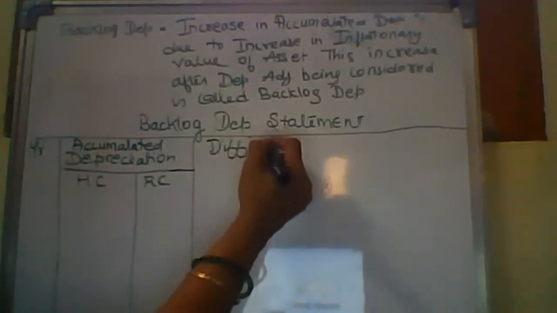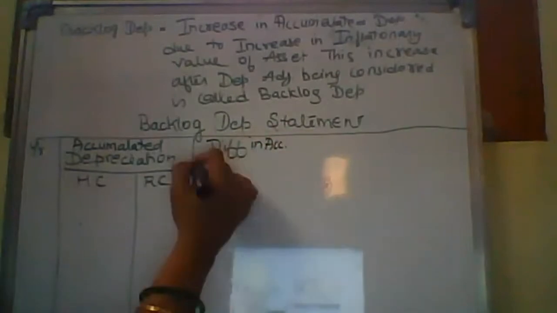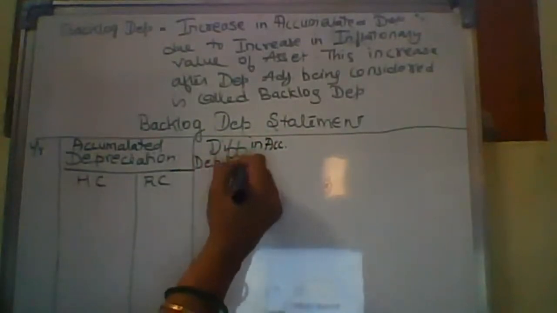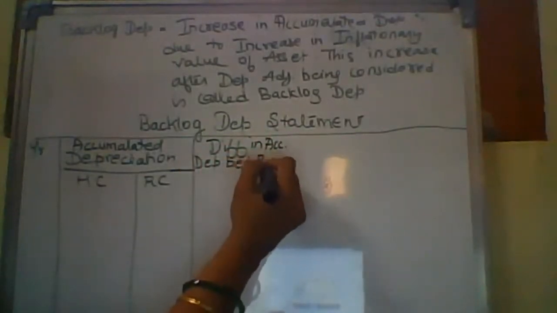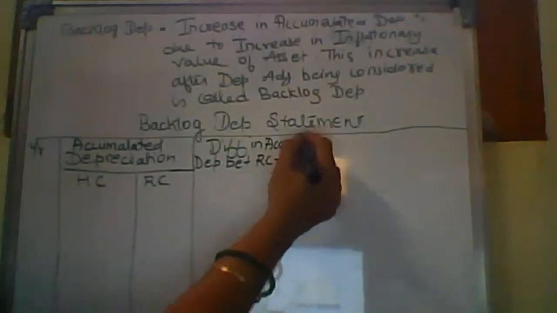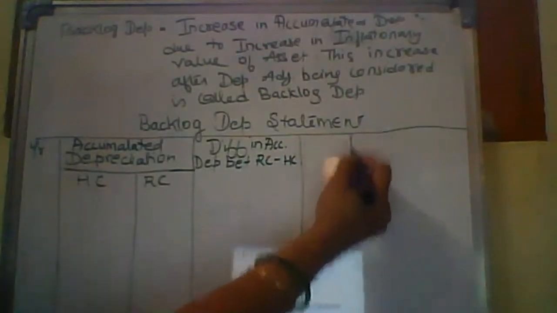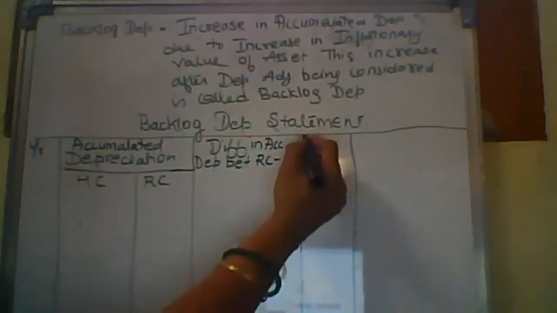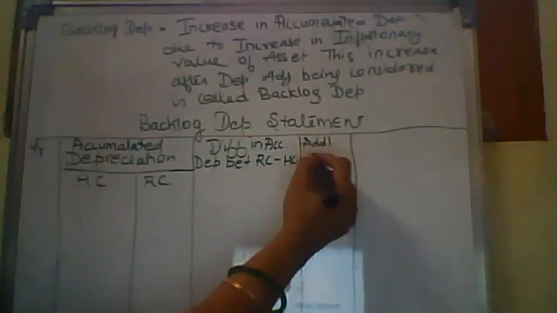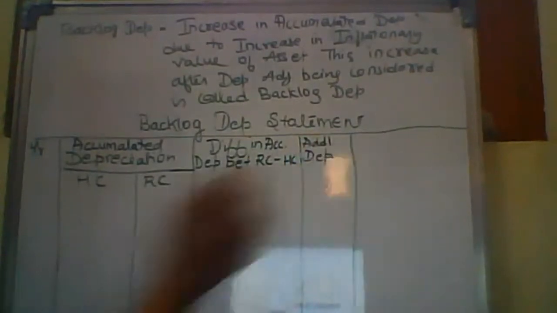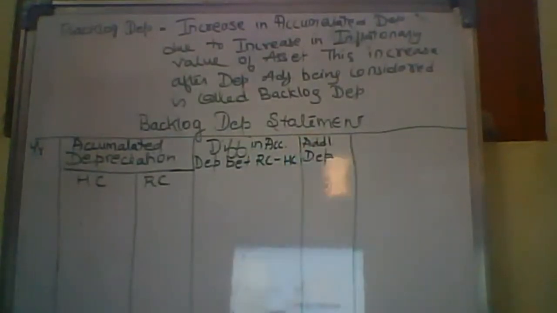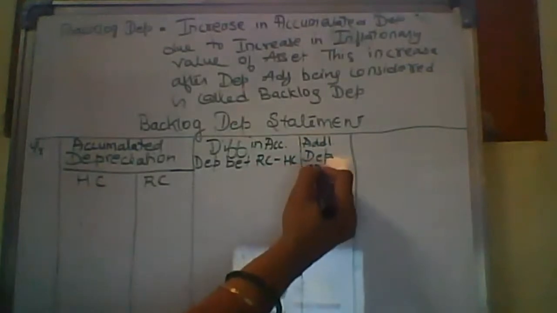Difference in accumulated depreciation between RC and HC. So I will have to calculate that. Then, what is the additional depreciation therefore? Additional depreciation which has to be adjusted annually.